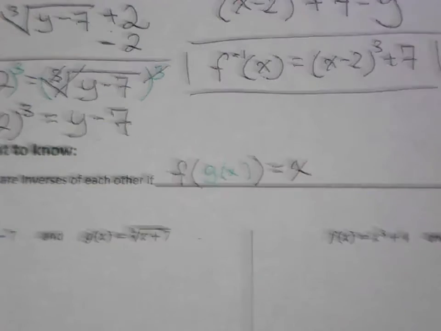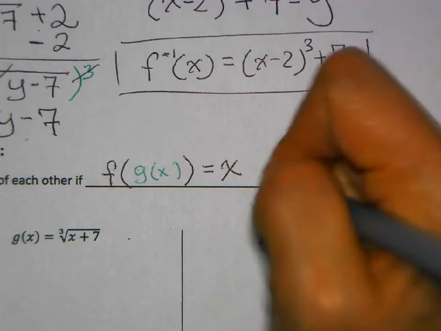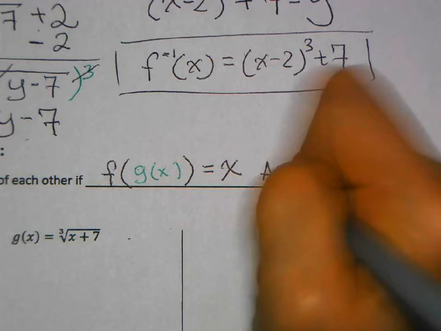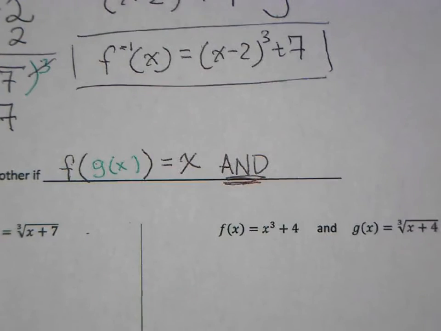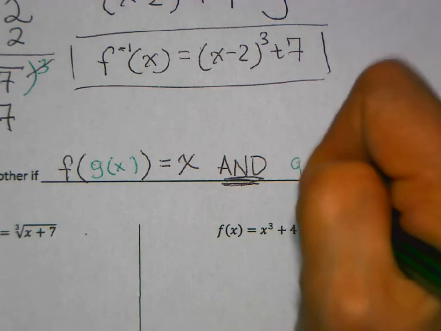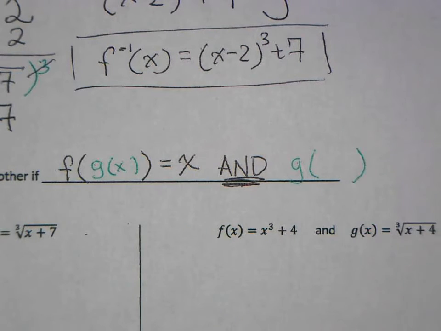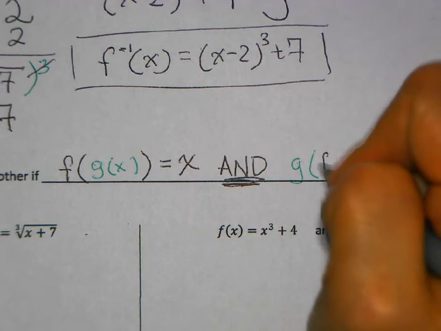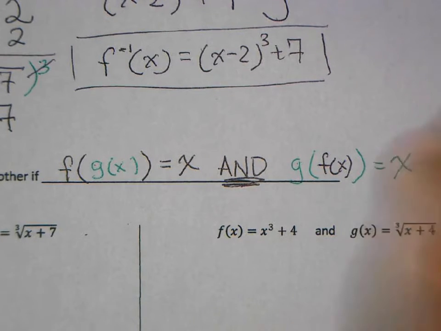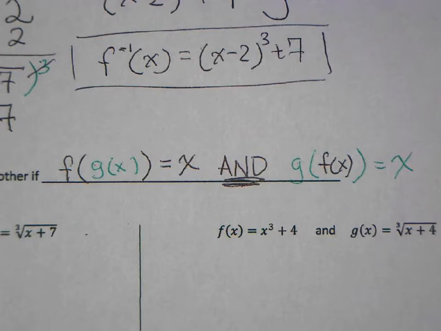And it has to work the other way around. So it's not an or, it's an and. If I give you g of x, and if I plug f of x in there, that has to equal x also. So you've got to check two things, right?